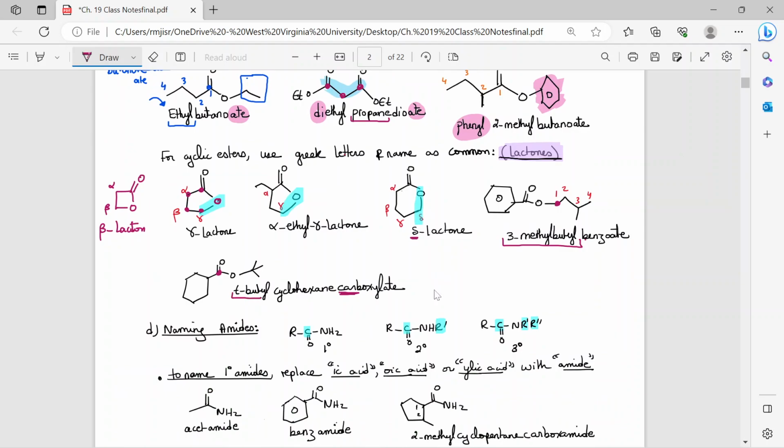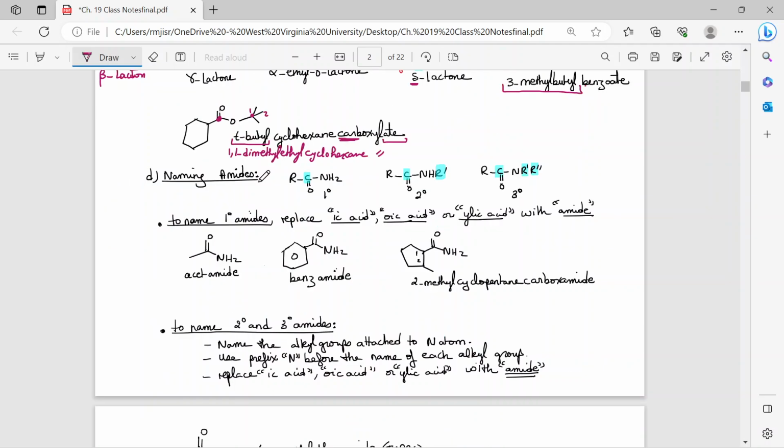Tertiary butyl is considered to be a common name. So if I want to name it as an IUPAC, that is going to be a 1,1-dimethyl ethyl. Okay. And then it's going to be a cyclohexane carboxylate.